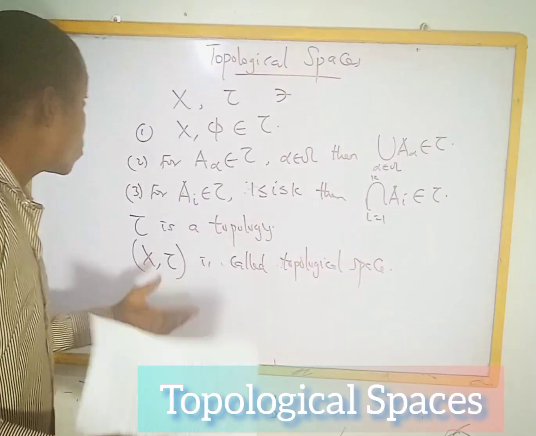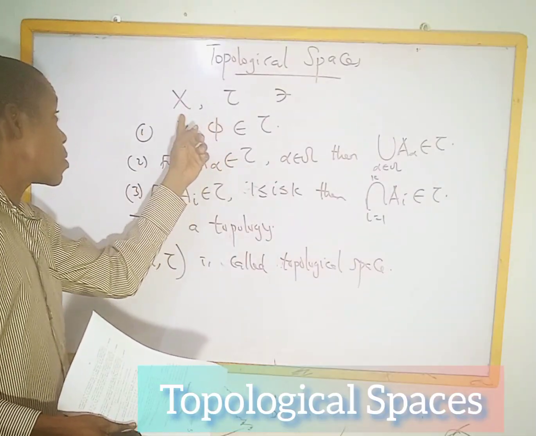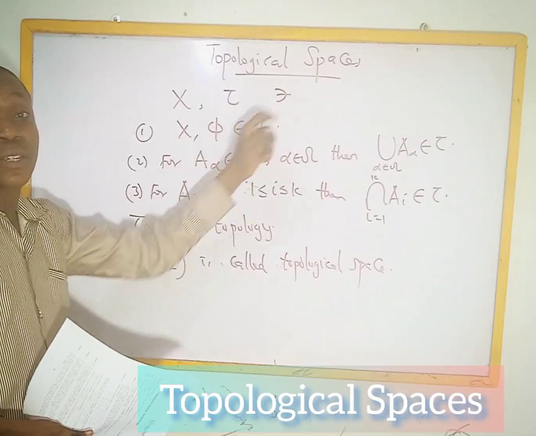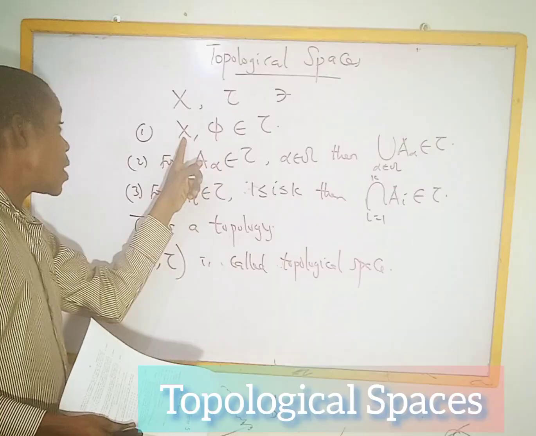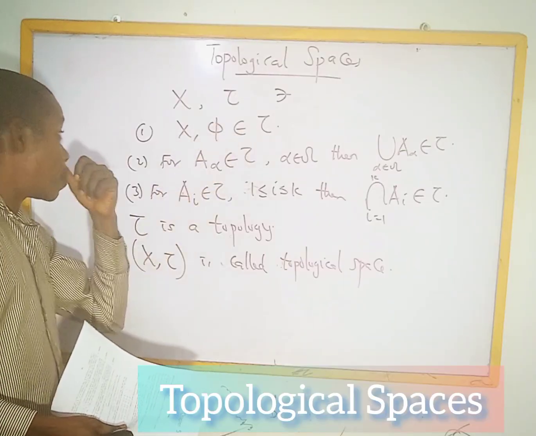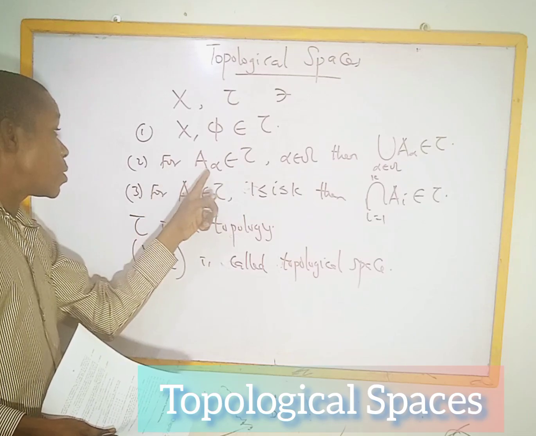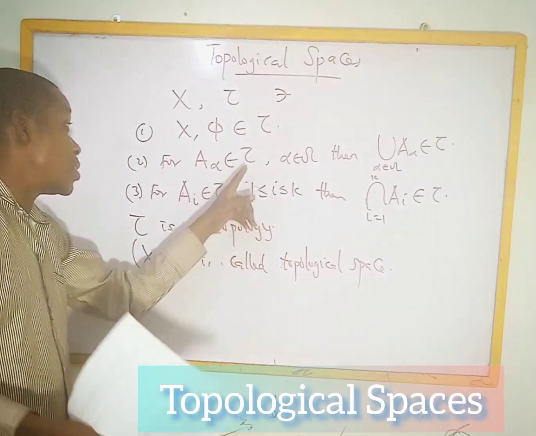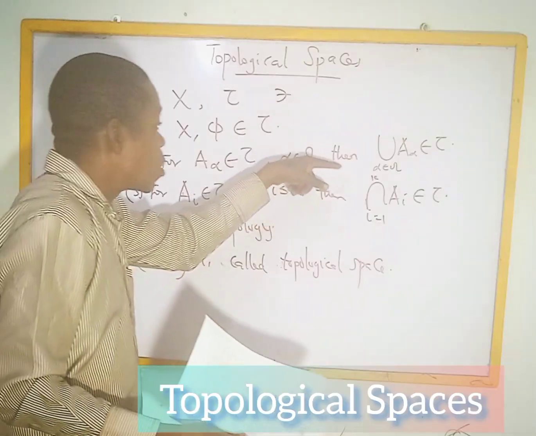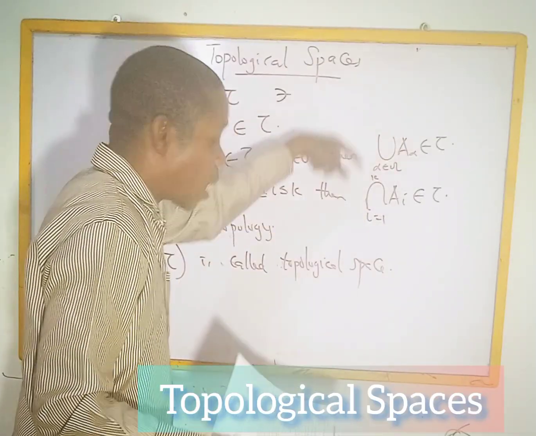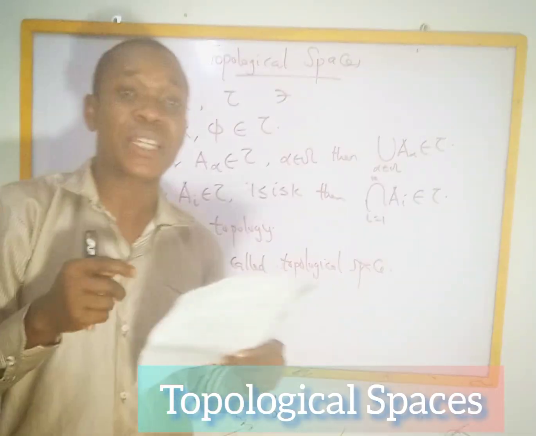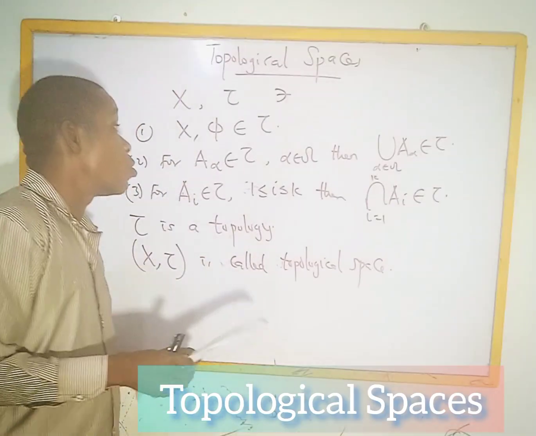A family, a collection of subsets of X, is said to be a topology if the following conditions are satisfied. Number one, the whole set X and the empty set are members of that topology. Then the union of any number of sets in tau belongs to tau.